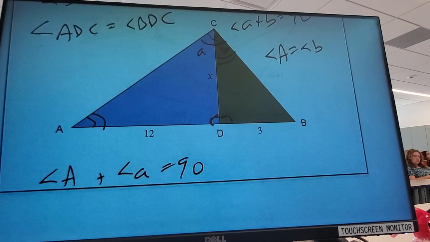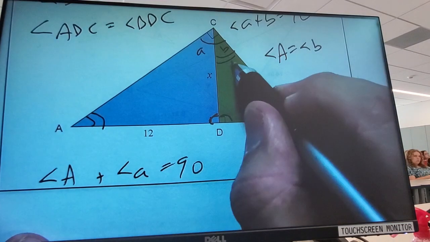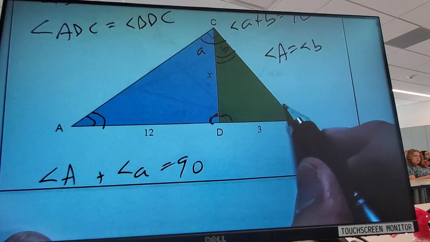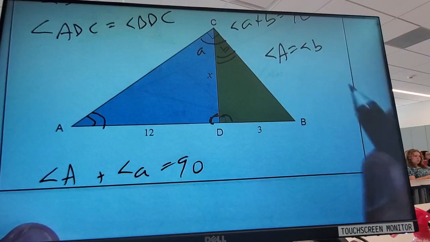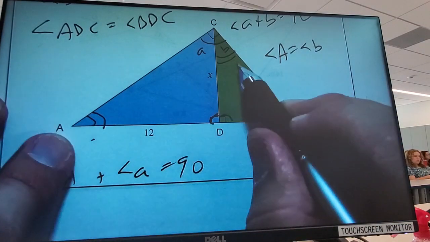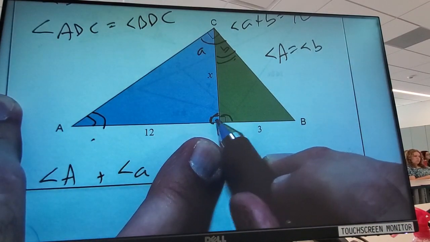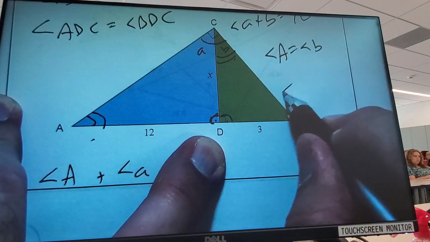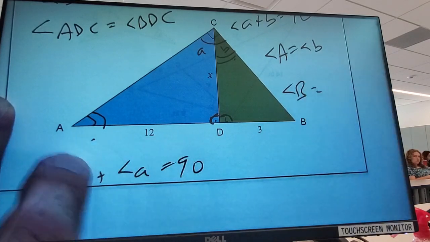In fact, since two angles are the same, then the third angle must be the same, correct? So angle A equals angle little b. And this angle equals that angle. So then what must angle big B equal? Little a.